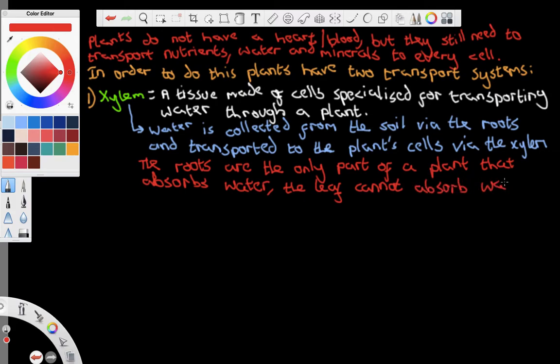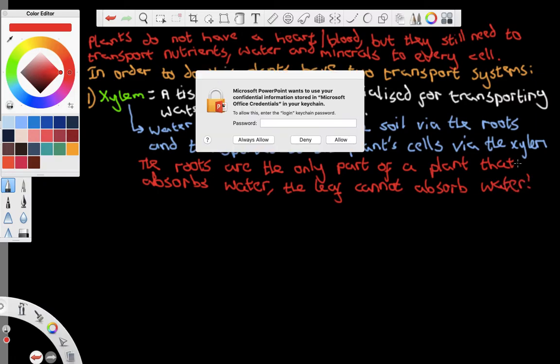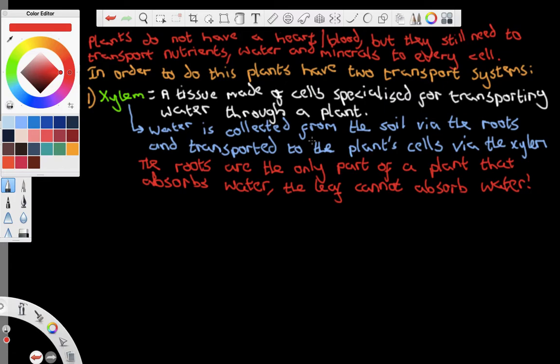Okay, water can only be lost from the leaf. You cannot absorb water through the leaf.